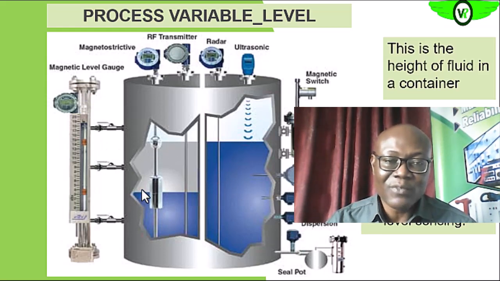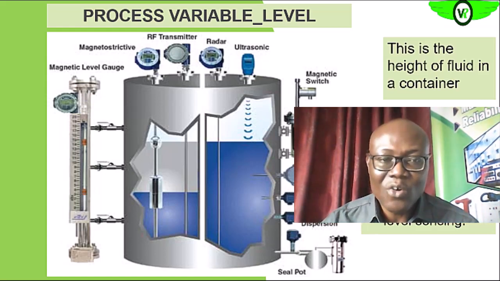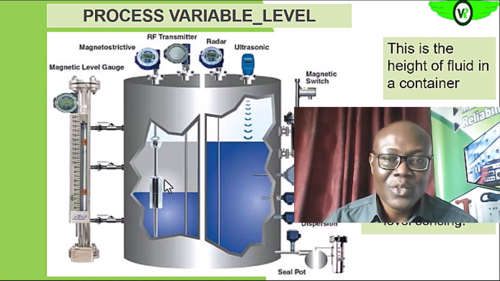As the fluid is rising, the connection is done such that the pointer or the indicator on the sight glass will also be rising to give us a clear indication of the level within the vessel. So that's the manual.